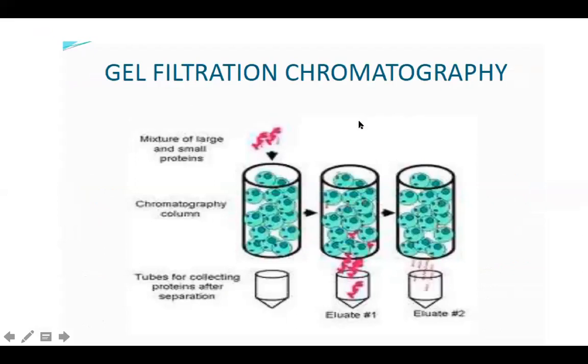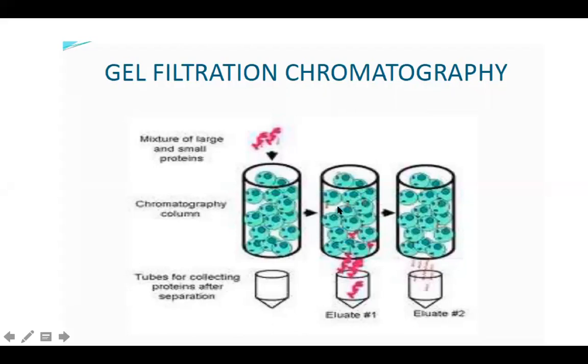Gel filtration chromatography, here you can see how it works. You have a mixture of the target and small proteins and a chromatographic column. This is the column, and these are the tubes for collecting the proteins after separation. So you see how the sieving and eluent are coming.